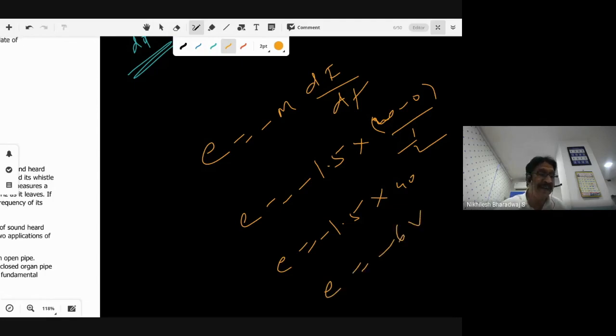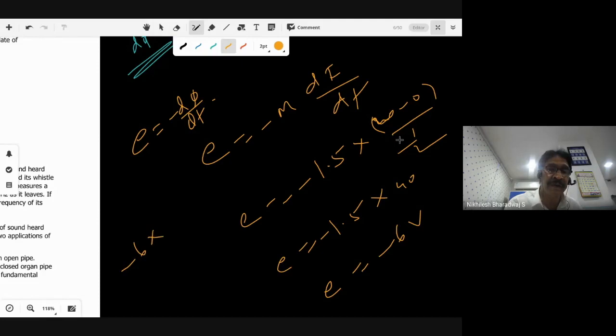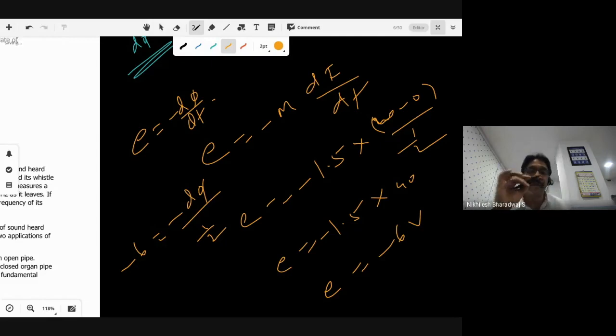But he didn't ask for E. He has asked for the change in flux. As you know, according to Faraday's second law of electromagnetic induction, E is equal to minus d phi by dt. E we got as minus 6, and dt is again 0.5, that is 1 by 2.